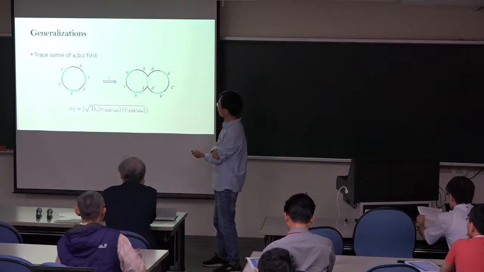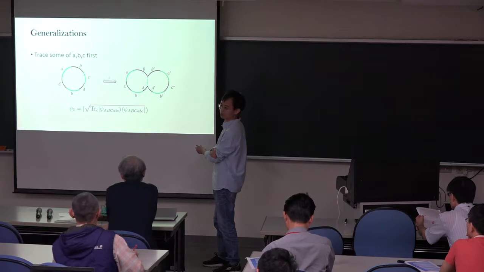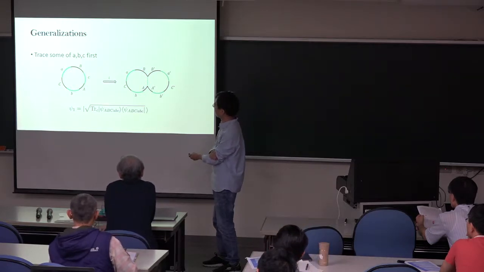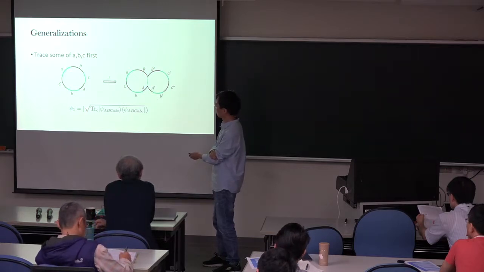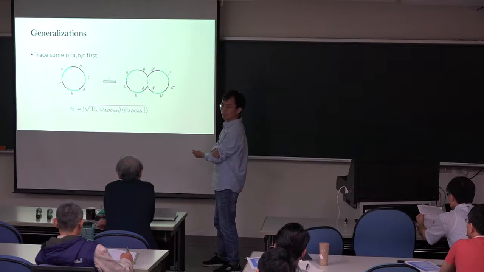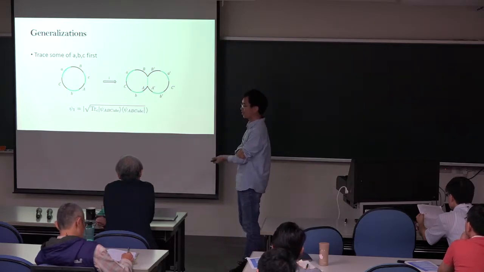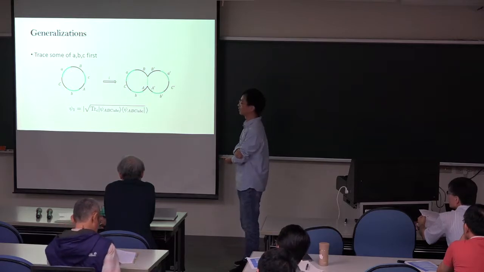Now I trace over letter C, which essentially means I just remove letter C. C disappears in some sense from the boundary, right? So I get a density matrix after tracing over letter C. For that density matrix, I take the canonical purification procedure, which I just mentioned a moment ago. That's why I put a square root here. I view this eventual state as the pure state.